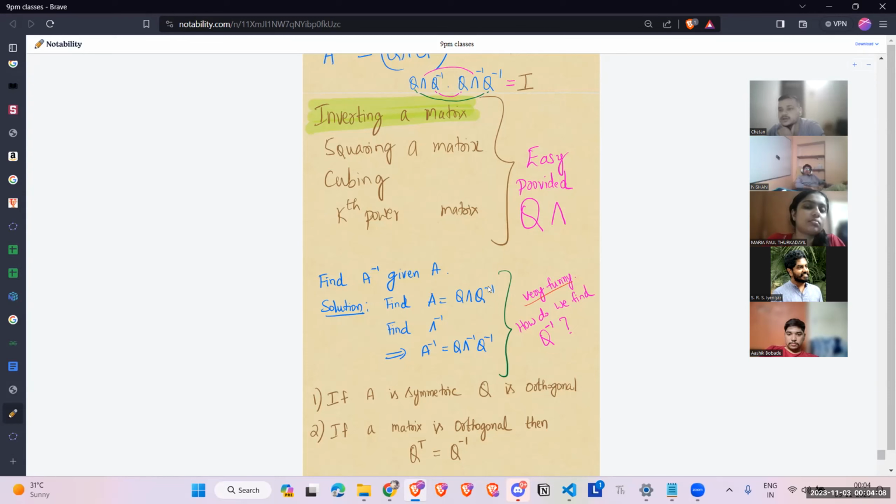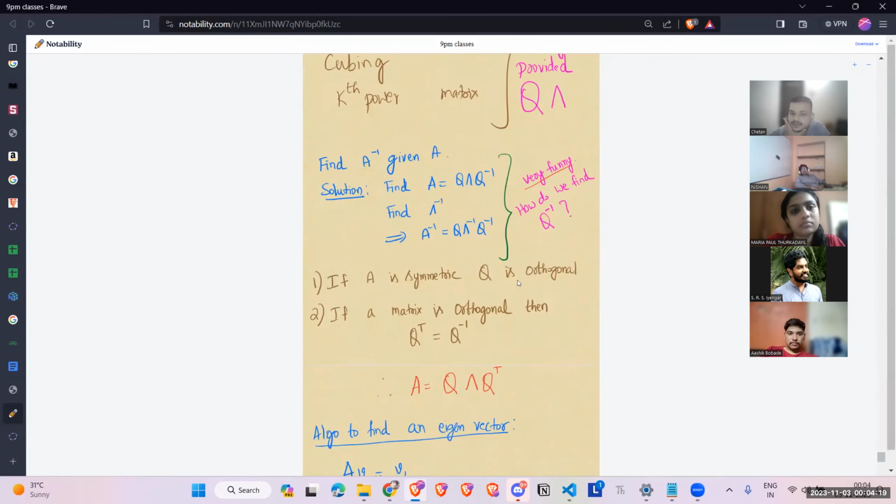Orthogonal means perpendicular. You can actually take the transpose of the Q, and that is the inverse of it. Okay, you can take the transpose of the Q, it gives you the inverse of it.